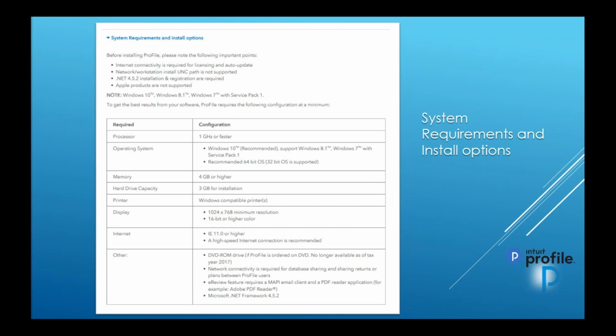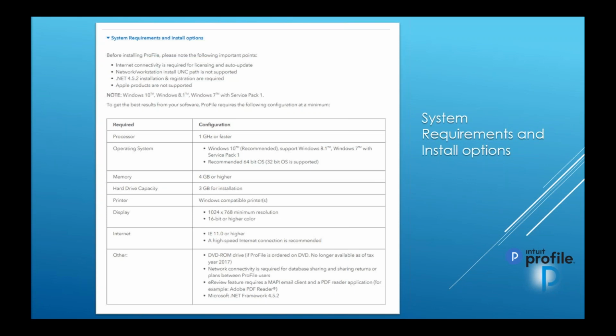Those are Windows components that are needed for Profile to work efficiently. Apple products are not supported. And with the operating system, you have to have at least Windows 10, Windows 8.1, or Windows 7 with Service Pack 1. And to get the best result with the software, these configurations are needed at a minimum.